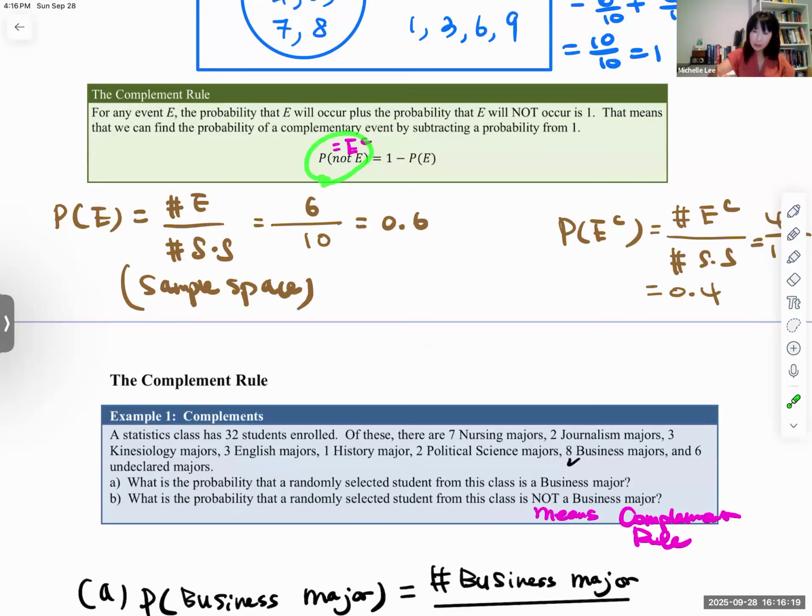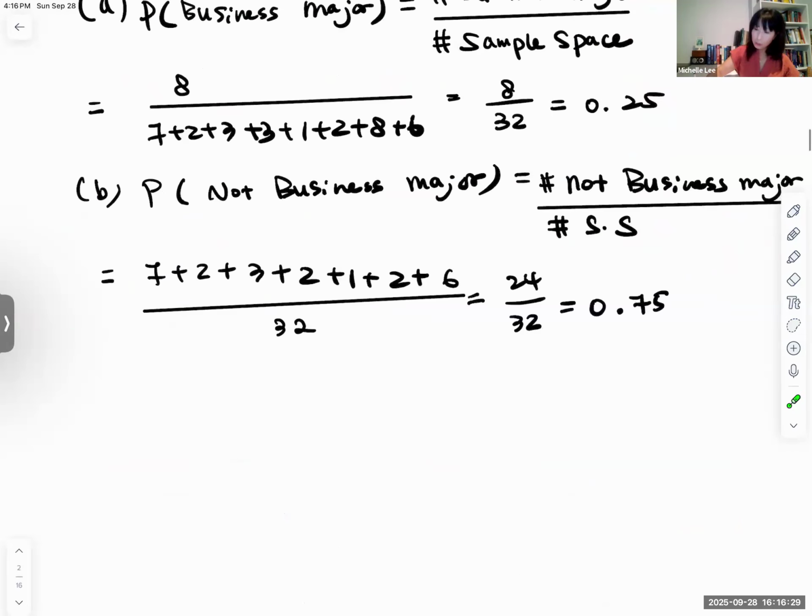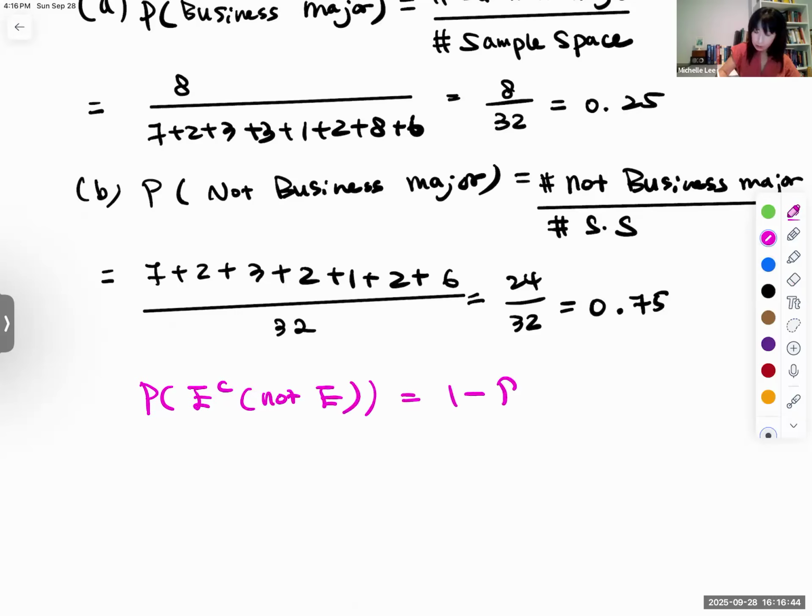What is not in E, then 1 minus the probability of E, right? So let's use the formula. The formula said that the probability of not E is 1 minus the probability of event E, yeah?